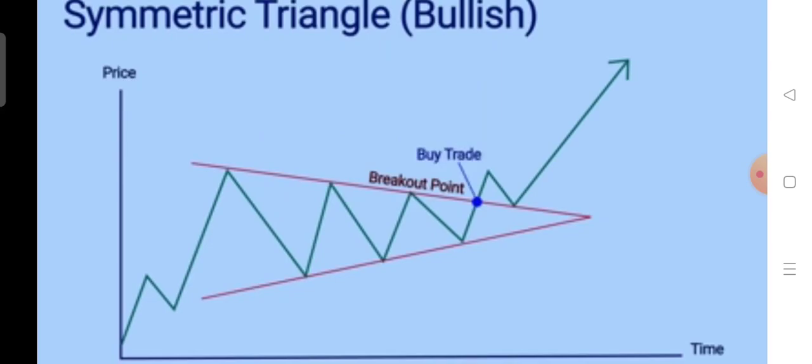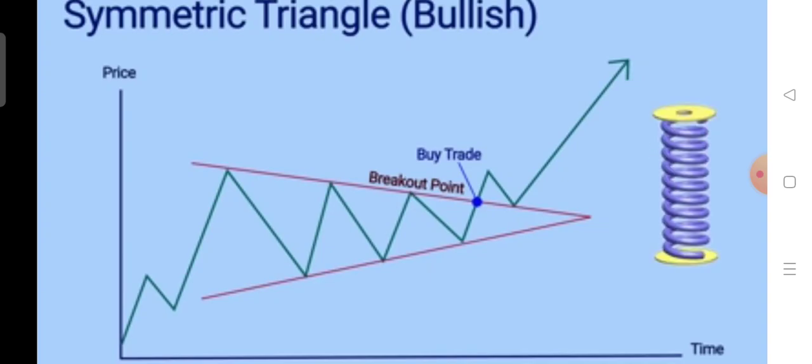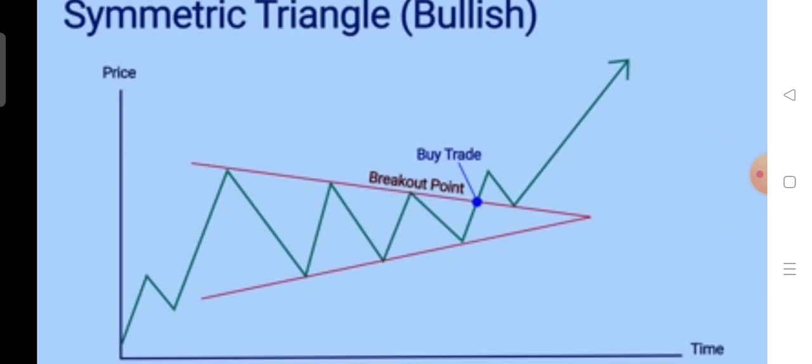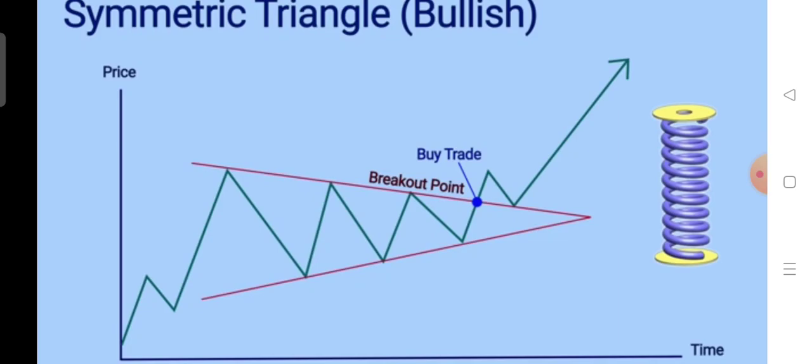Then we should take a buy trade. Again, with the example of a spring, the price action was being coiled within a very small range, and as there is a movement out of the triangle, it is like a compressed spring breaking out of your hand.